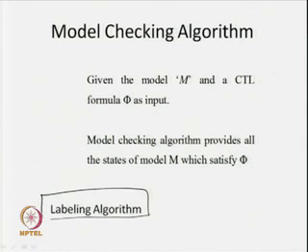Our basic aim is to find a labeling algorithm that labels the states of the model with a formula if it is true in that state, and finally returns those states where the formula is true.